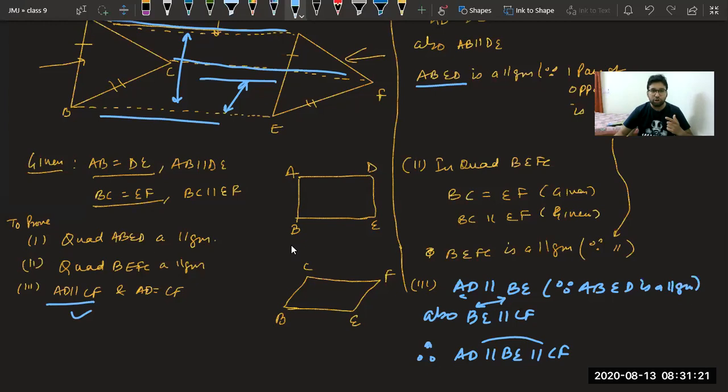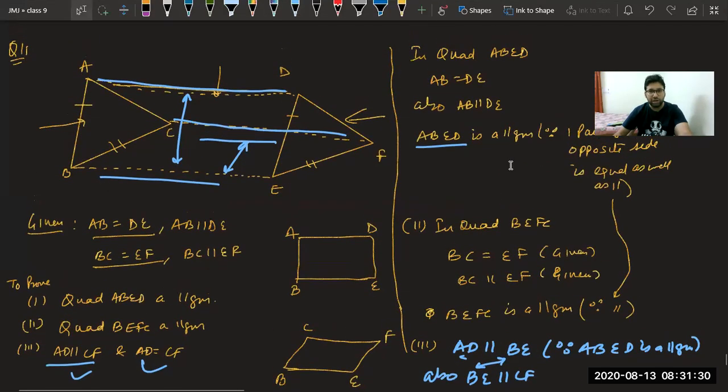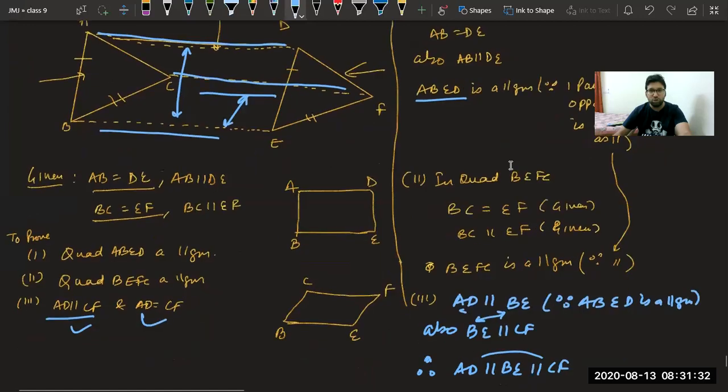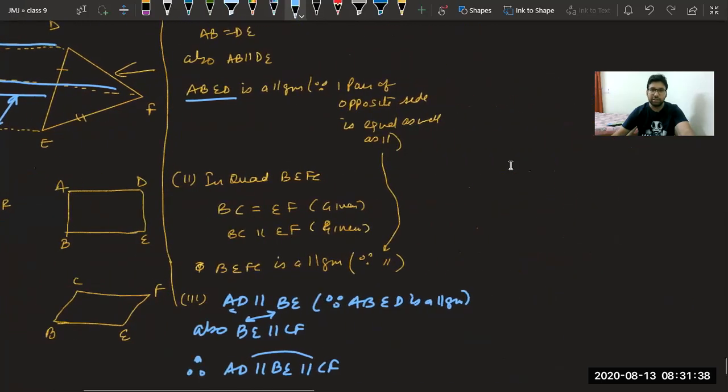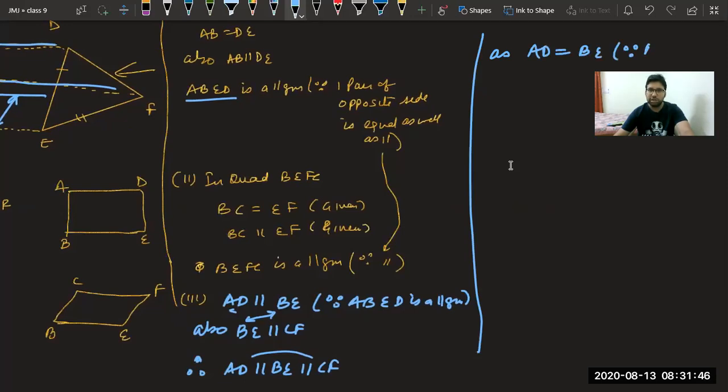Similarly, we will go for this also. Similar approach we will follow for the second thing. We know, class, AD equal to BE. We know BE equal to CF. Similarly, they all are equal. Now see, AD is equal to BE. Why? Because ABED is a parallelogram.